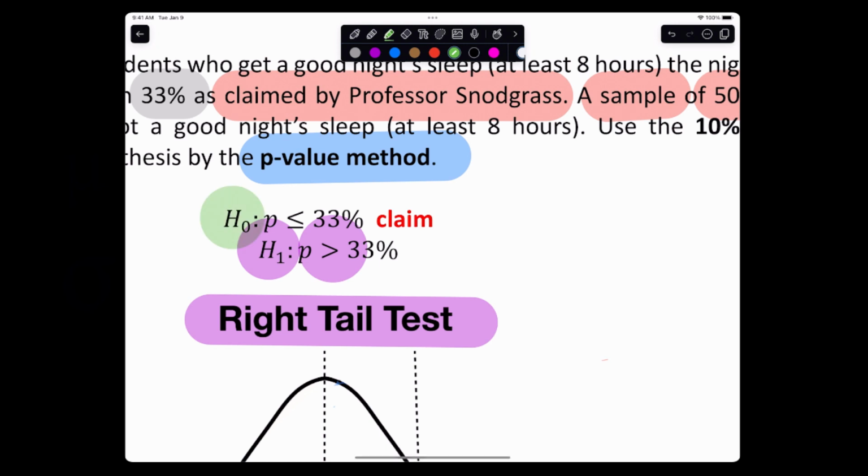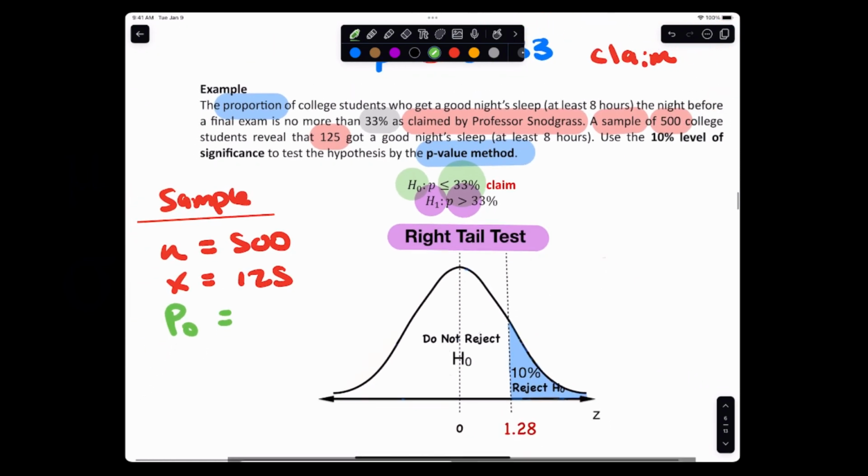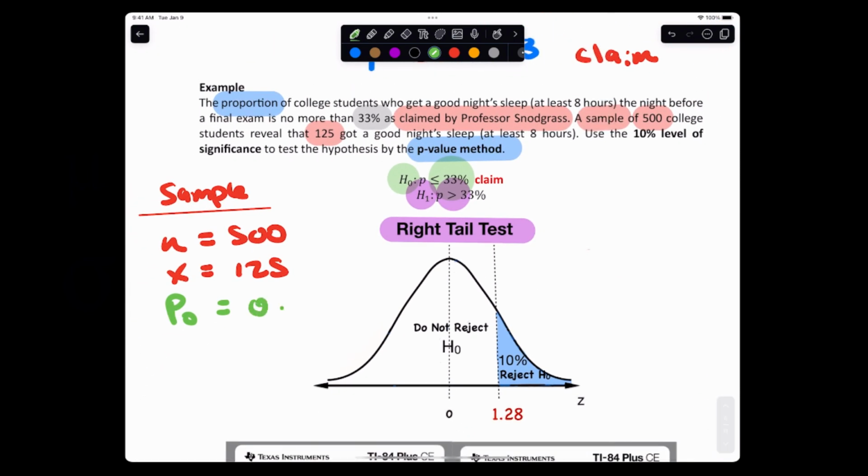The proportion in the null hypothesis. Less than or equal to P naught, which equals 33% here. And this is again a right-tailed test.